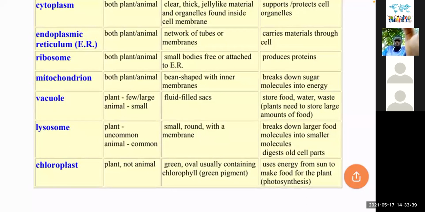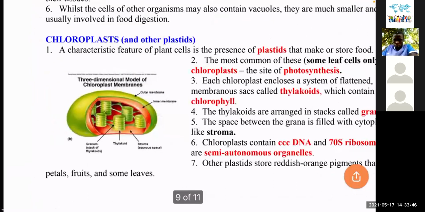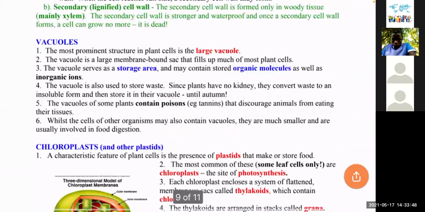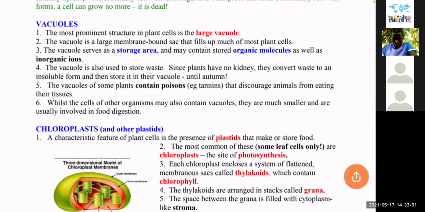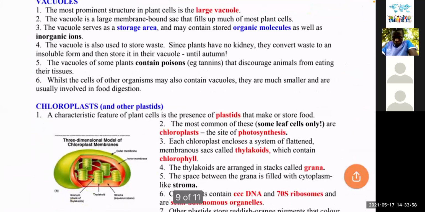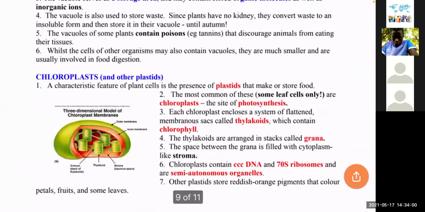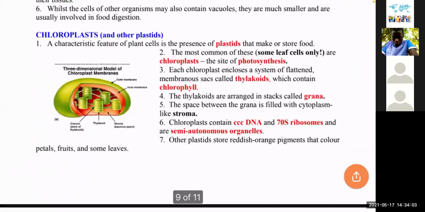You are saying vacuoles are made of granum and stroma. No, sorry, I think you are confusing it. Your question is on chloroplast. Yes, I was asking, what is the function of stroma? And at the same time, what is the function of granum?